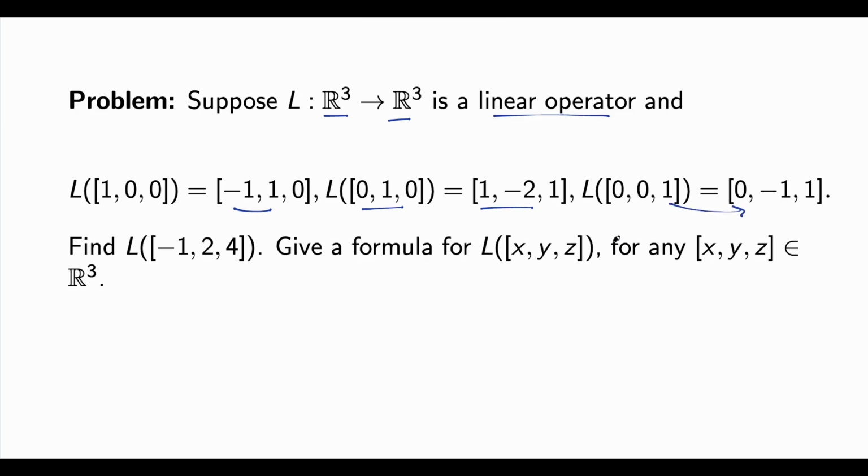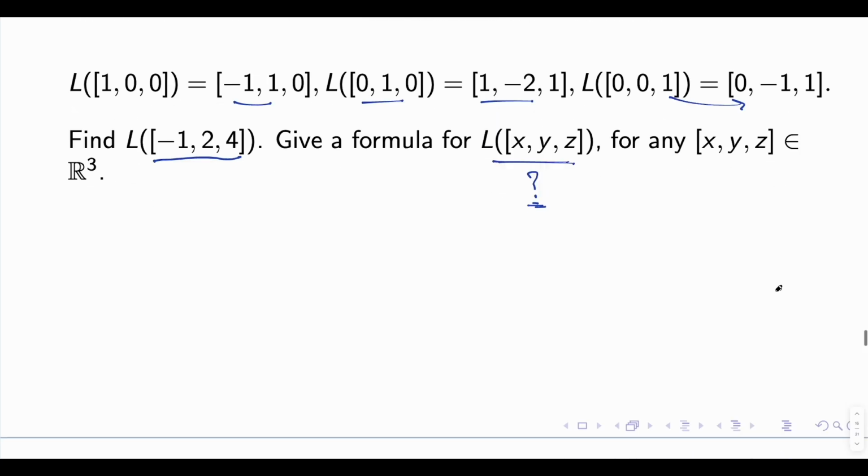Sometimes they will ask to construct the linear transformation. And here they are asking, find the value of L of minus 1 2 4. So first we will find the linear transformation. Our job is to first construct the general linear transformation, and then plug these values in to get the output. Okay, so how do we do that? Let us see.